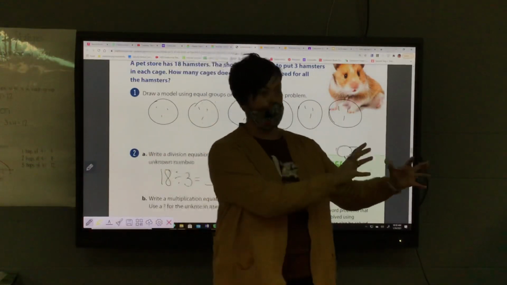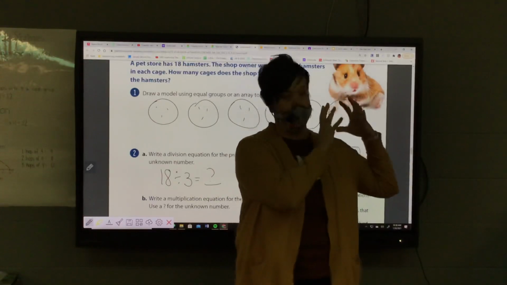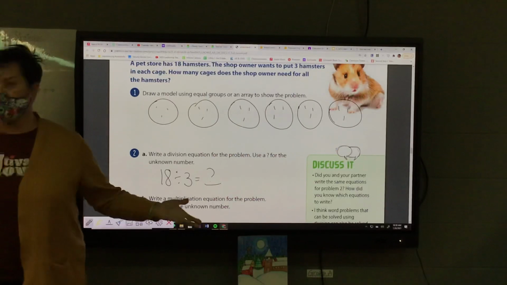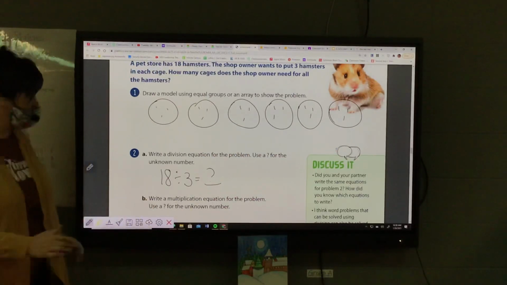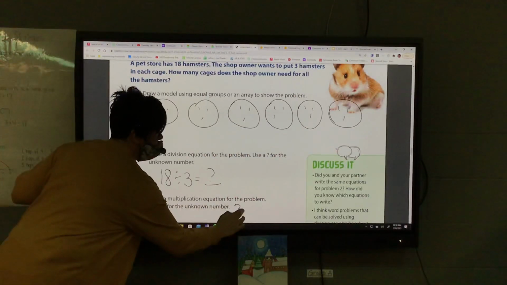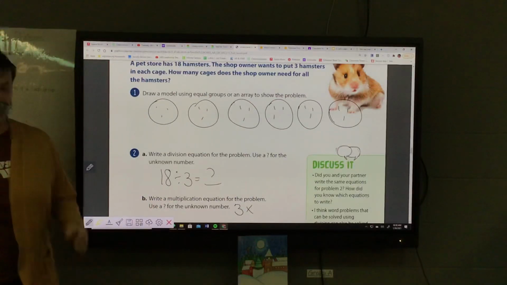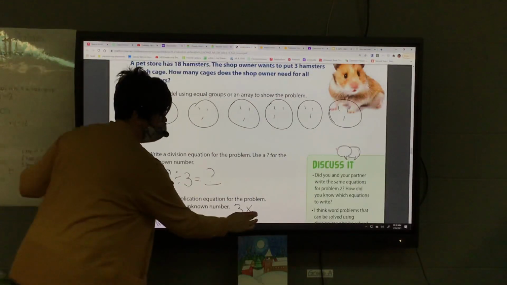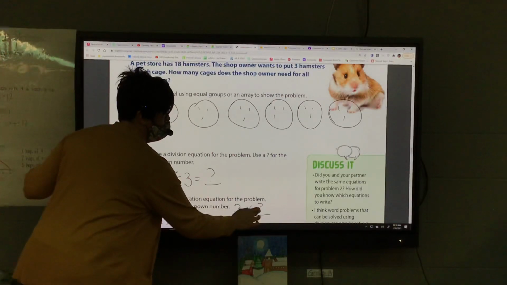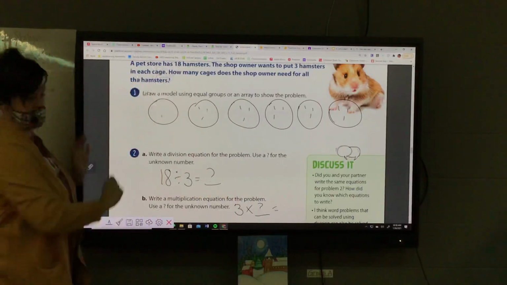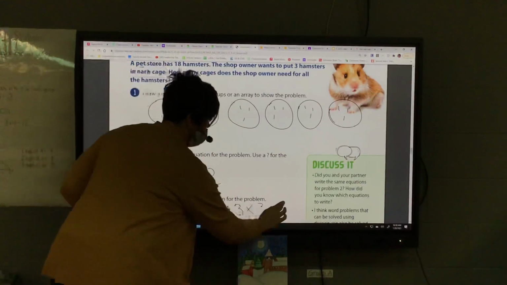And what do we end up with? The bigger number. So, what's a smaller number we know? 3. Do we know the other smaller number yet? No. So what do we put in there? Question mark. 3 times this number equals what? 18.